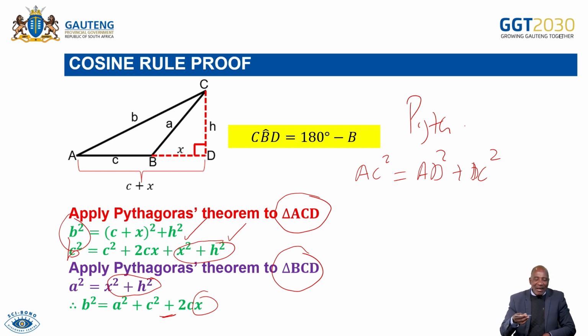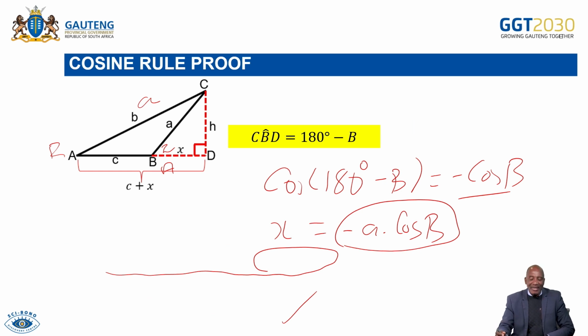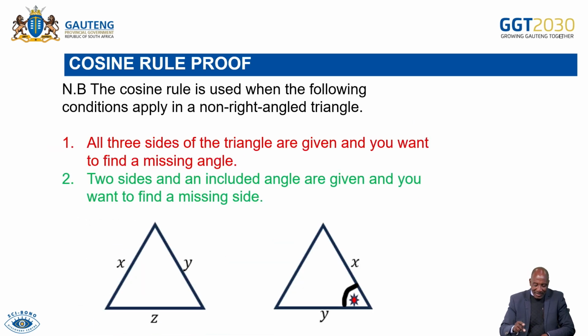Relabel your diagram. Where you have a here, you can put a b there and your a there, and your c can be maintained. This will then be your small a. Apply the same approach, it will eventually lead you to the same result of a squared equals b squared plus c squared minus twice bc cos of angle A.